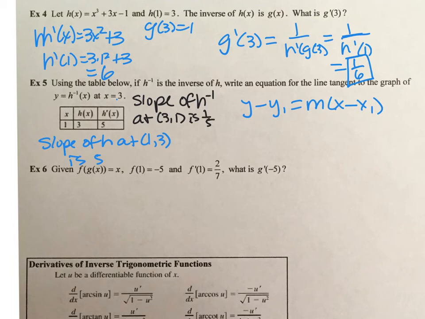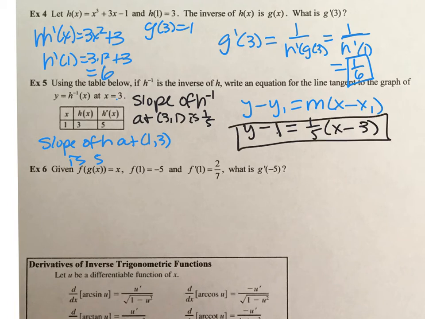Now, if we're going to write the equation of that tangent line at the point 3, 1, we'll just plug into our equation. We'll say then that y minus y sub 1, well, the y value of our point is 1. So y minus 1 is equal to the slope of that inverse at the point 3, 1, which is 1/5, and then times x minus x sub 1, which would be 3.